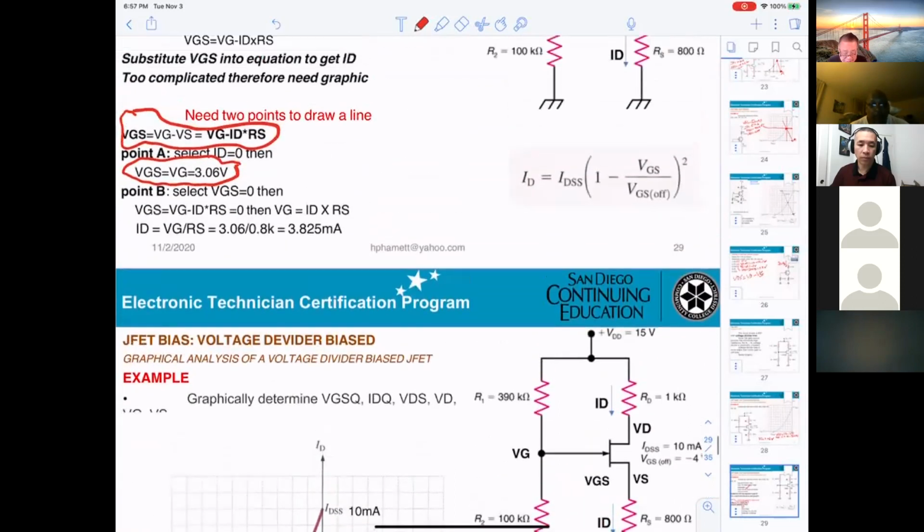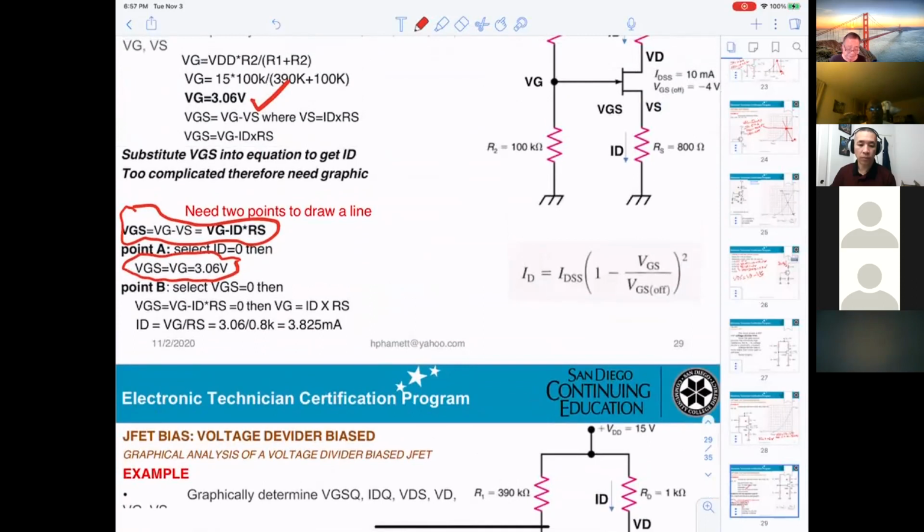Then now you need the point B. In the point B, you select VGS equals 0. So from this equation, VG minus ID times RS equals VGS. Now you want that to be 0.